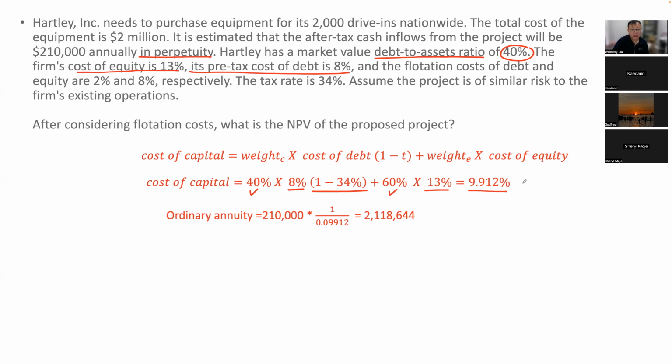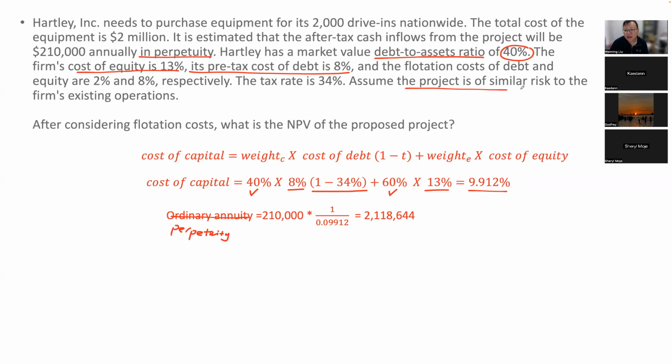Now you calculate this perpetuity. The amount is $210,000, and it goes forever. So the formula is the equal payment divided by the expected return R. The expected return is 9.912%. Why?